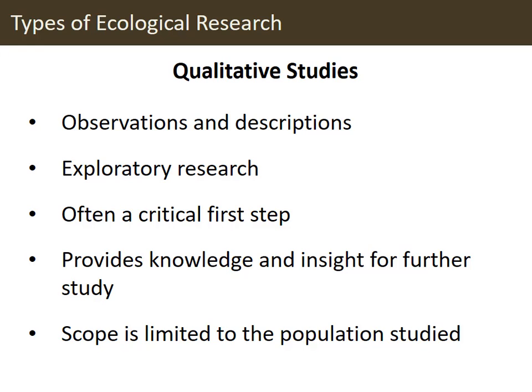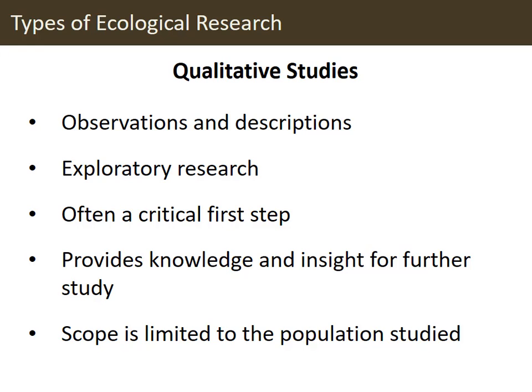When you're doing this kind of a study, even if you're collecting a lot of numerical data on your site, you're usually kind of just describing one place or one organism or one piece. You're not doing a repeated measurement across multiple locations. And so the scope is limited to the place you're actually doing your observations and descriptions.